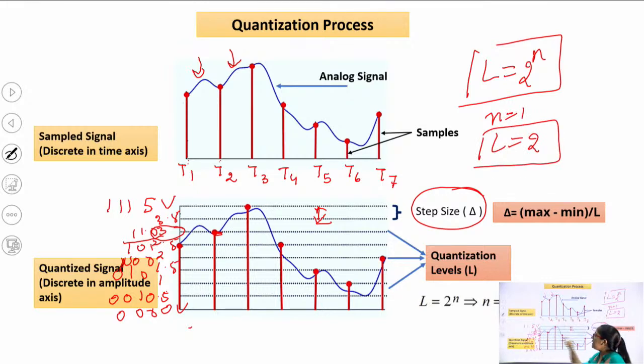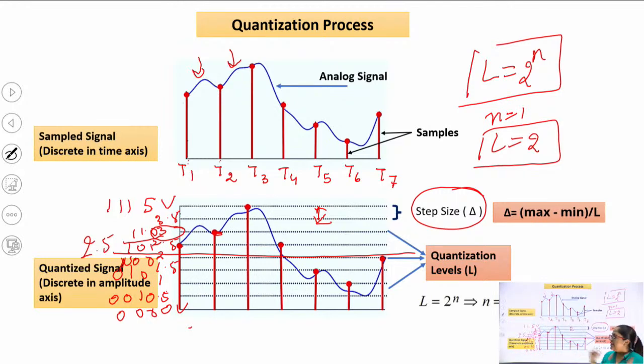That means the entire 0 to 5 volt range will be divided into only 2 levels: 0 volt, then 2.5 volt, and then 5 volt. Then all samples lying between 0 and 2.5 volt will be assigned binary 0, and all samples lying between 2.5 and 5 volt will be assigned binary 1.